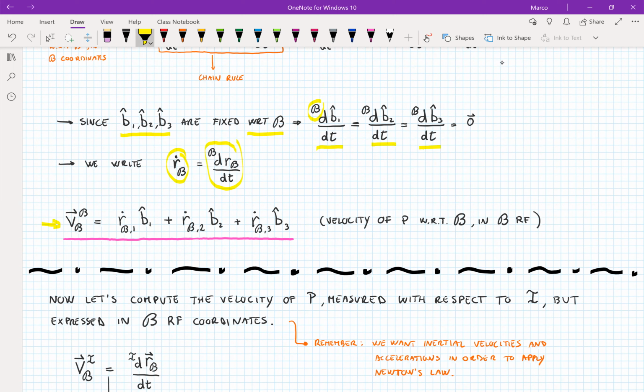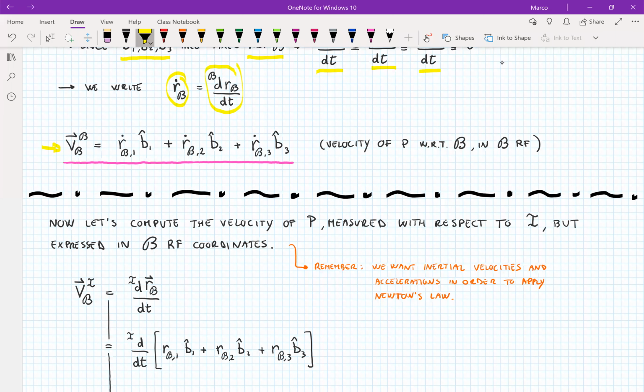Of course, both inertial and non-inertial velocities could be expressed in either the body coordinates or inertial coordinates. And in fact, now we want to do exactly that. We want to express the inertial velocity, but in the body reference frame coordinates. So we have v_I with respect to b, or better, the velocity with respect to I in the b coordinates. That's how you should read that.